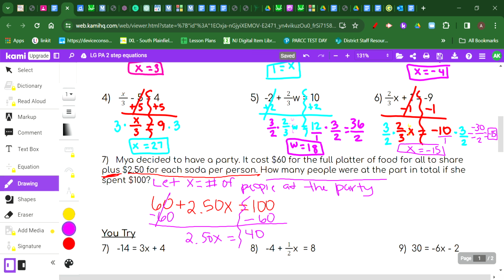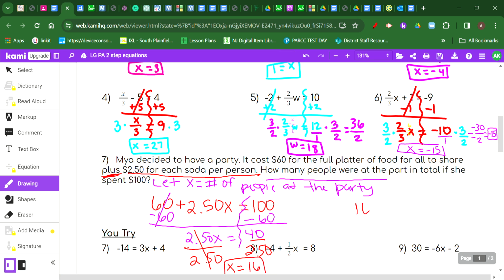Now at this point, you're going to do the next step, step 2, which is look at what's being done to x and then do the opposite. So we have 2.50x. We are going to divide both sides now by 2.50. Now you have x is equal to 40 divided by 2.50, which gets you 16. So there are 16 people at this party.